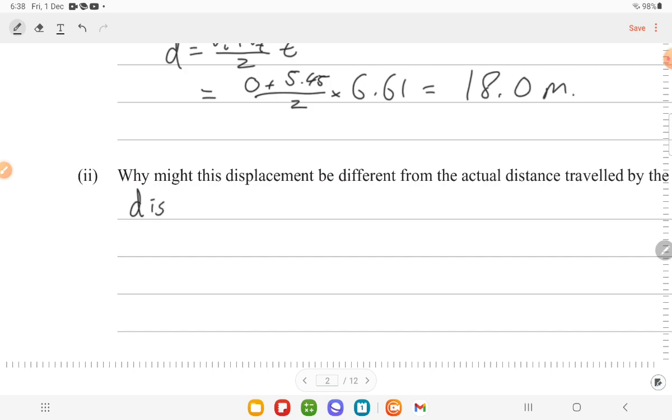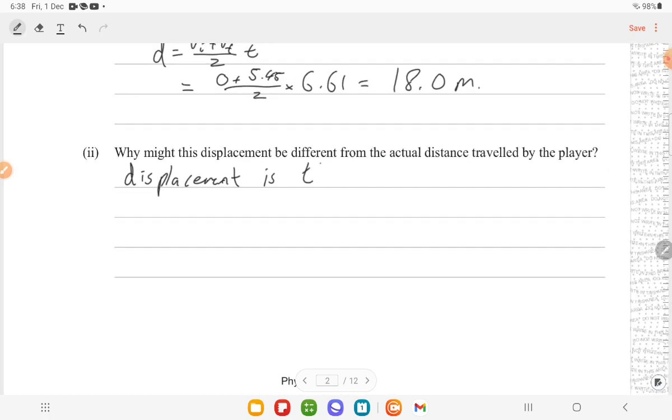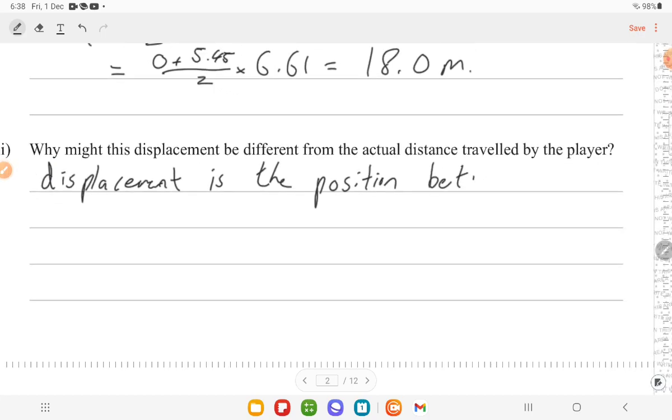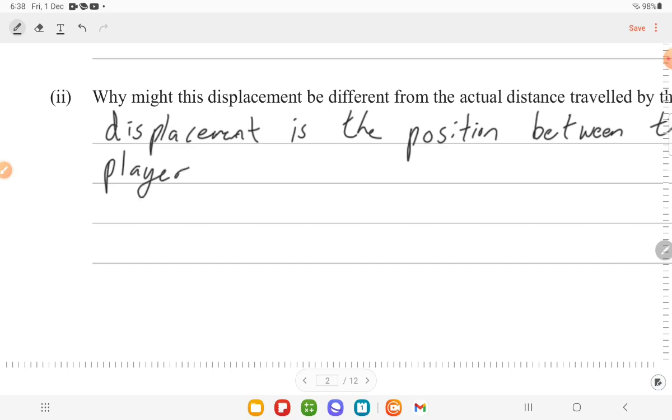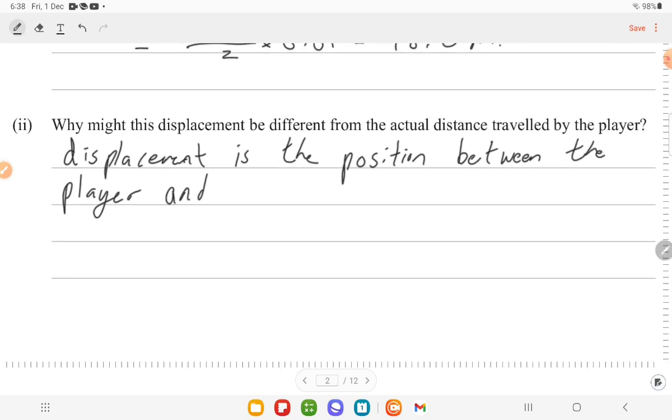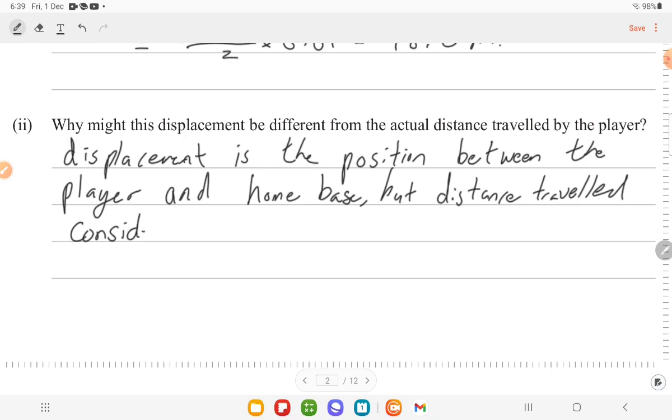Why might this displacement be different from the actual distance traveled by the player? So basically, displacement is the position between the player and home base, but distance traveled considers the total.